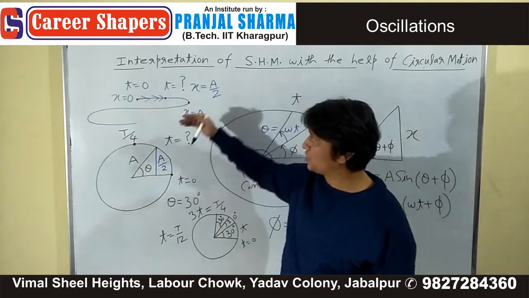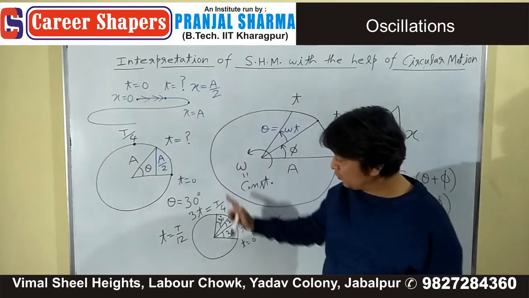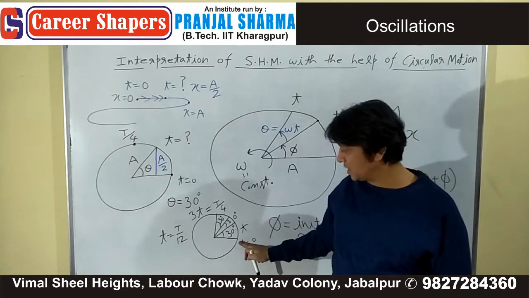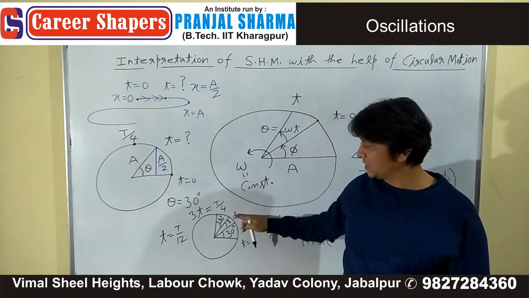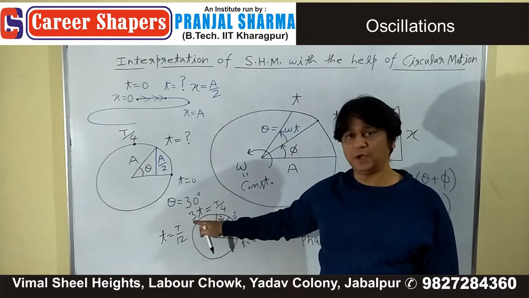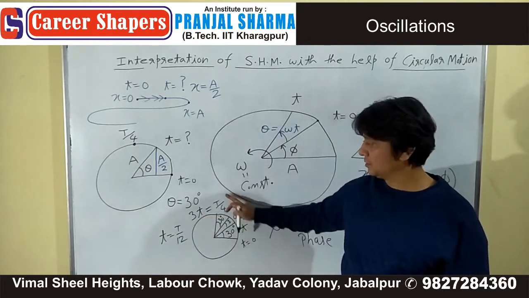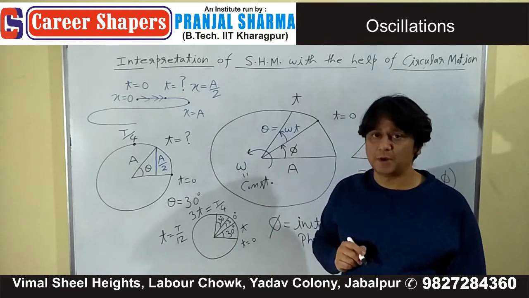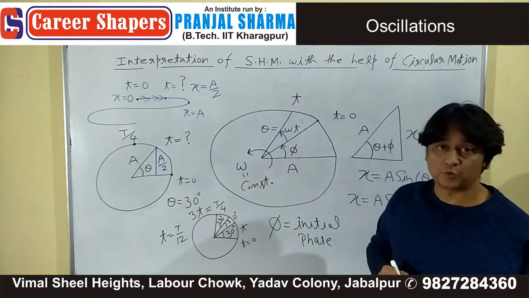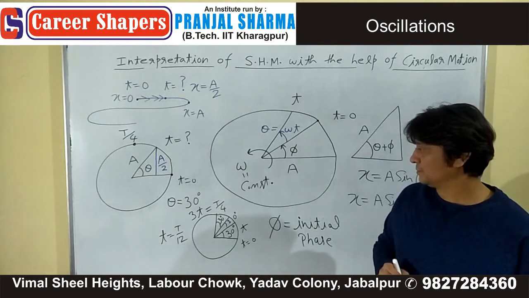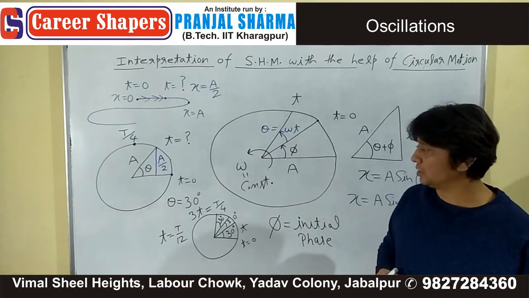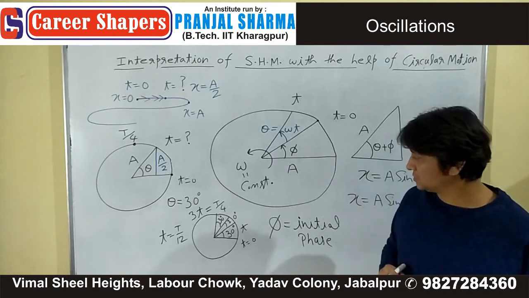And therefore, instead of using this version, we will use this part. From here to here, t plus t plus t, 3t, and we know that this is T by 4. That gives us t as capital T divided by 12. I hope you understand the advantage of circular motion model. Note down this.